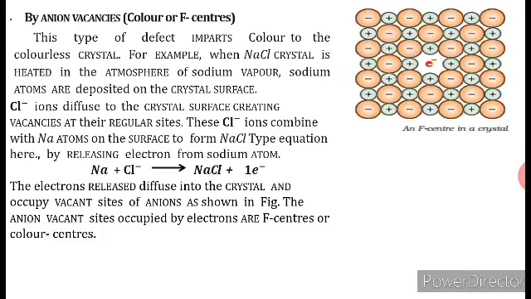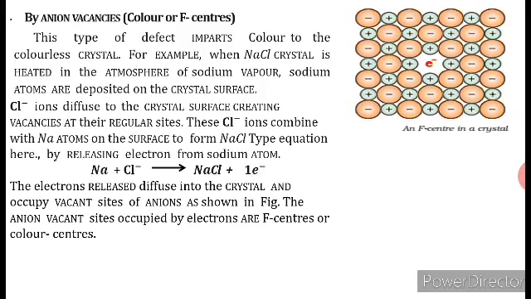See, in this particular diagram you can see one anion vacancy is produced, and this vacant space is fulfilled by a free electron. So this particular vacant space occupied by an electron is only known as F center or color center.